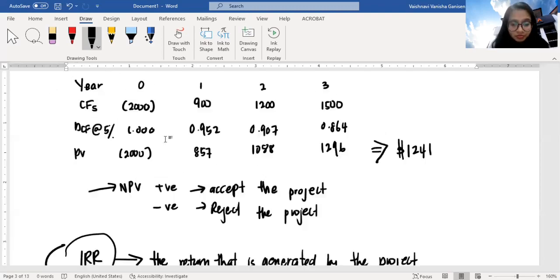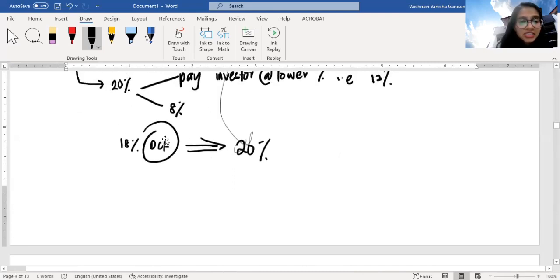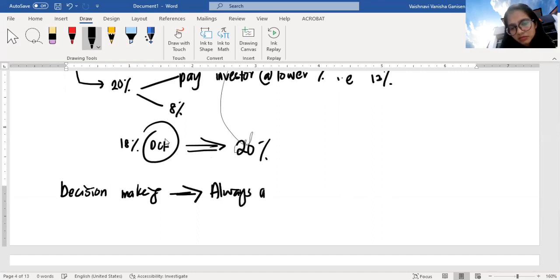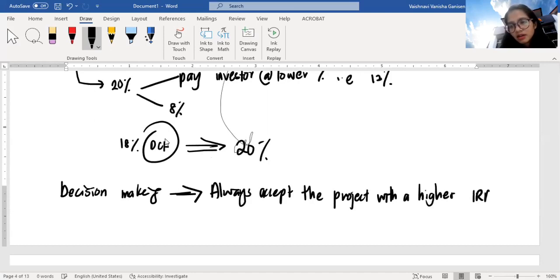So when you are making a decision using the IRR approach, as a decision making rule, always accept the project with a higher IRR, or if IRR is more than your discount factor, because discount factor is your cost, IRR is your return.